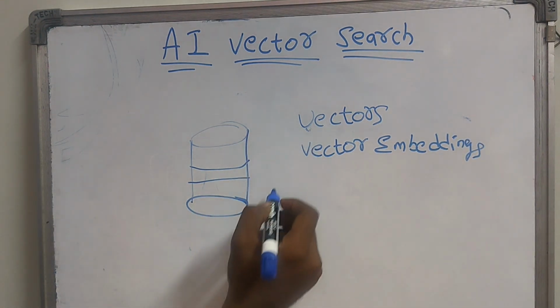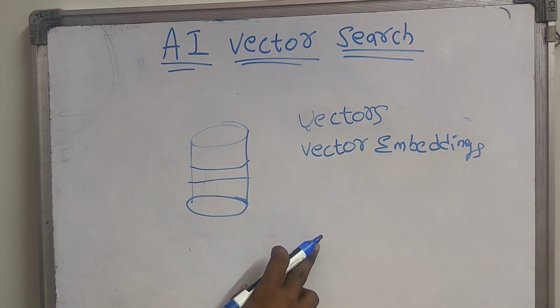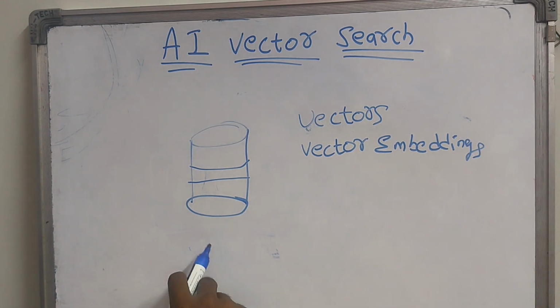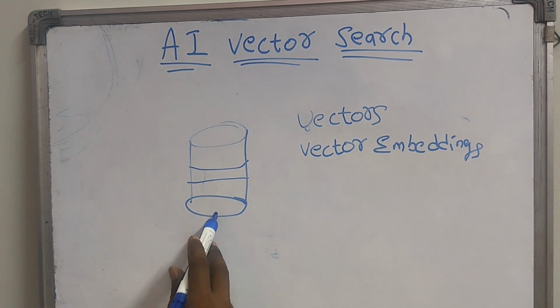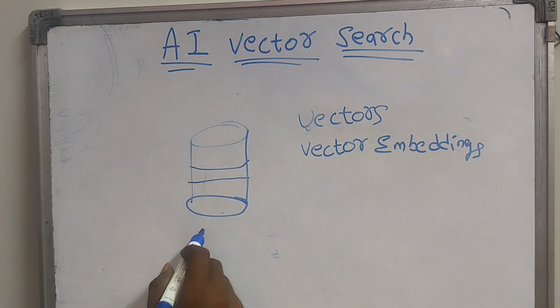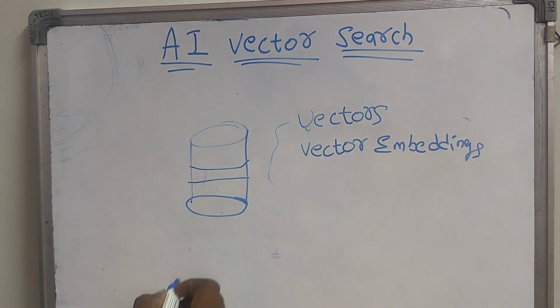Now we need a place to store these vectors, the vector embeddings. That is called a vector database. The vector database is designed to store and process the data in a very optimized manner, and it also gives the environment to do all the analysis on these vectors.